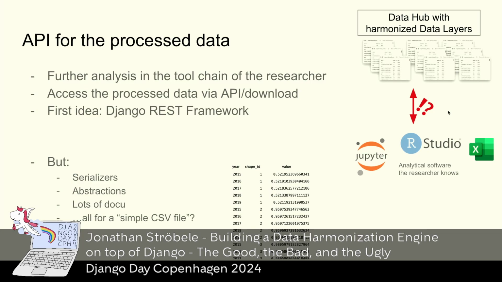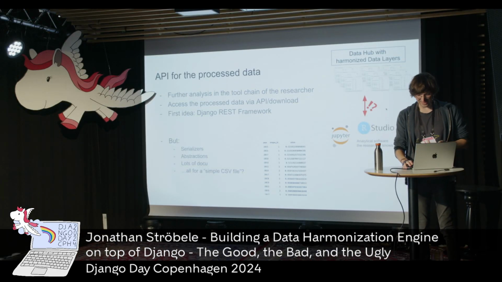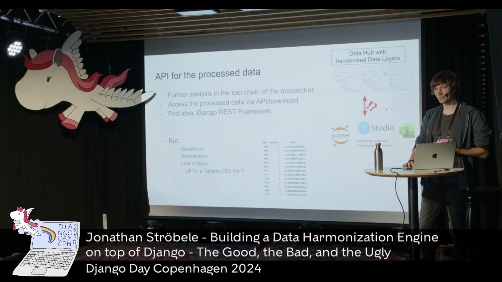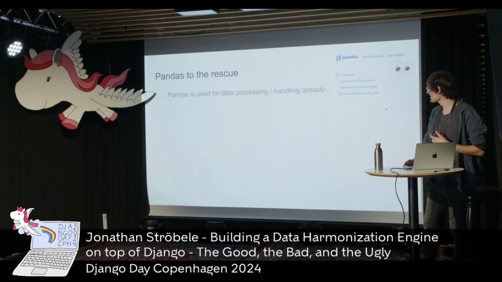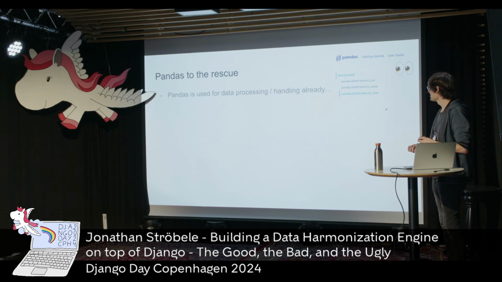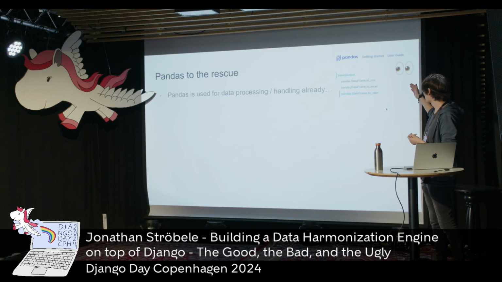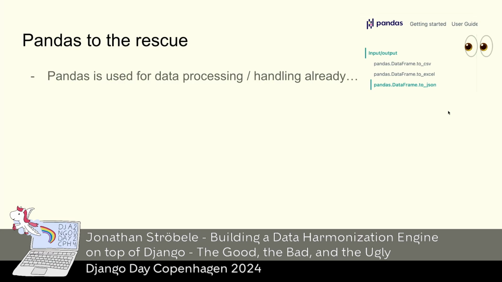So then I looked at the documentation of another library, the Pandas library, which I already use heavily for data processing. Pandas provides us with to_csv, to_excel, and to_json methods based on our actual data frame, which holds the tabular data. So then I had a crazy idea.